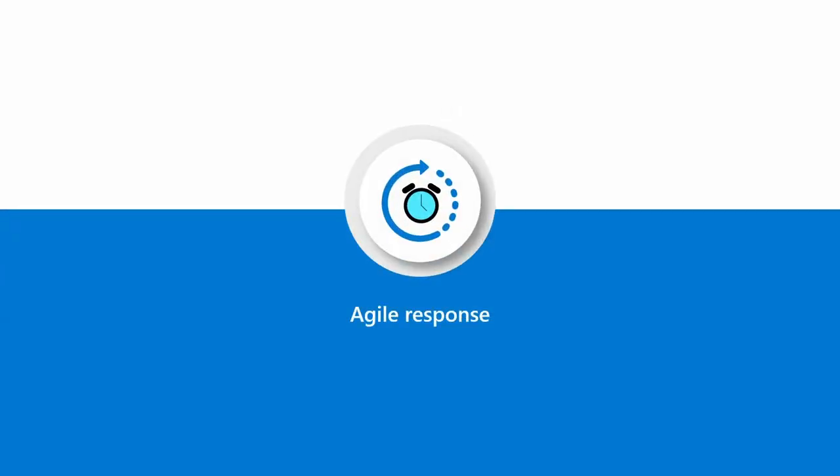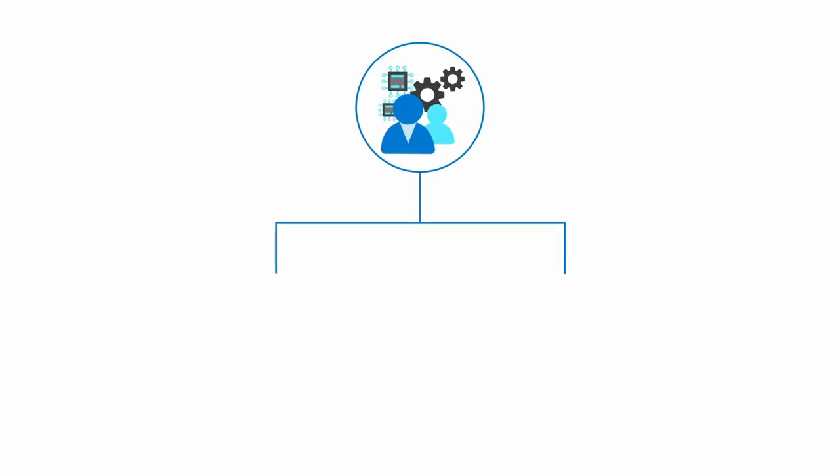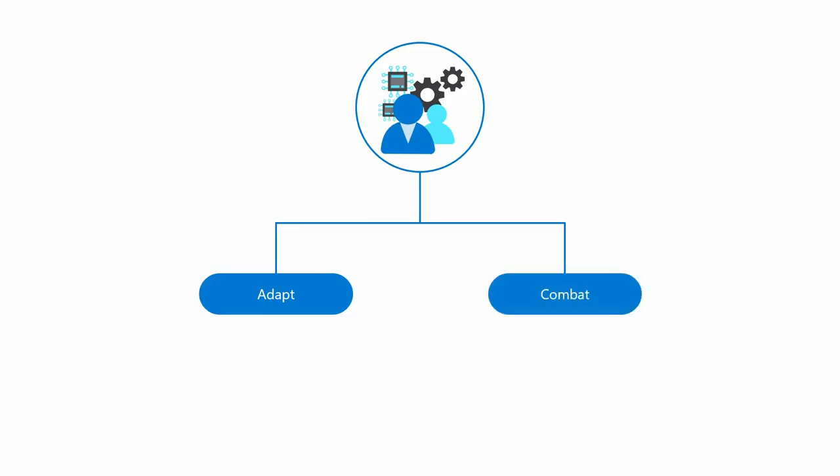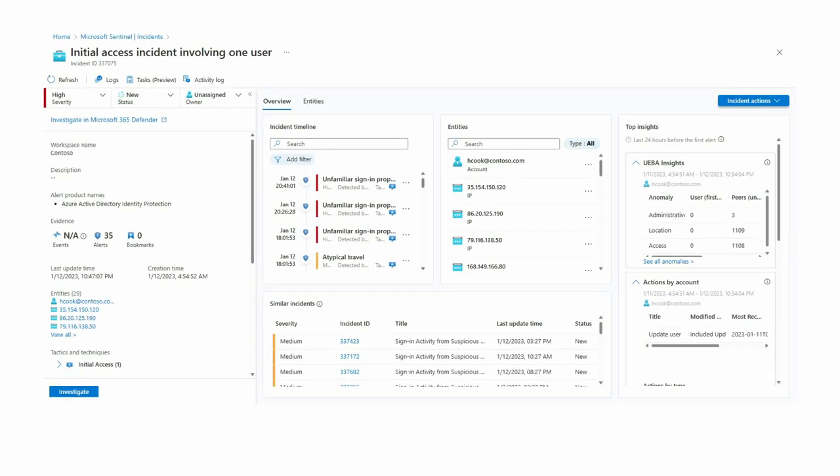Second, the ever-evolving nature of cyber threats demands agility in response. Following the VAST methodology empowers security teams to adapt their strategies and tactics swiftly to combat emerging threats. By doing so, organizations can stay one step ahead of adversaries, minimizing potential damage. For example, this is a screenshot of the incidents page of the Microsoft Sentinel portal.